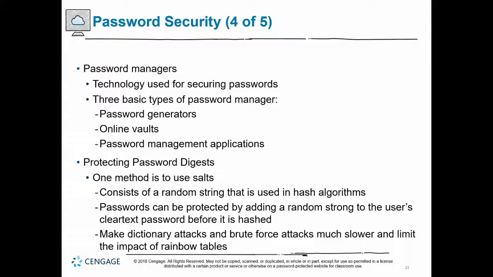Protecting the password digest. One method is to use salts. So essentially what a salt is, after you have a hash, you append an extra random string, whether it's a date or timestamp. You'll learn this in next week's slides, but essentially it changes when you add even one bit, one letter within a file or a string.